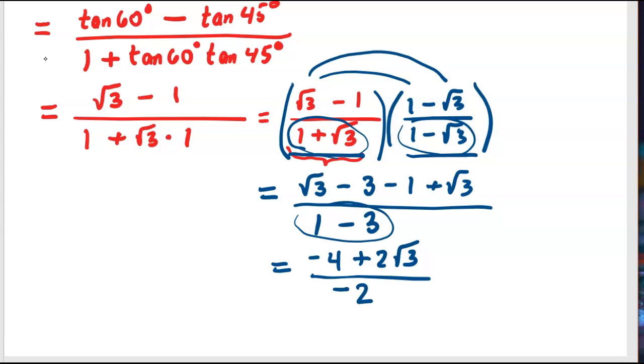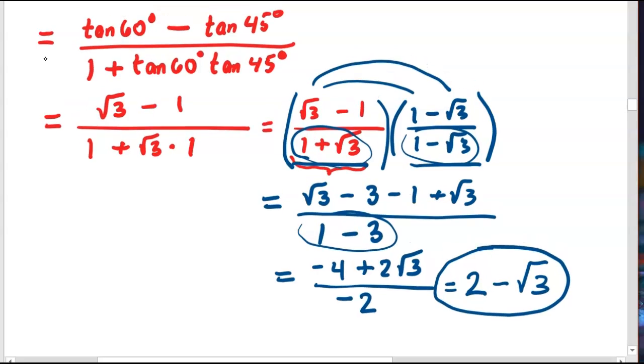Now, there are a lot of times where these terms are not all divisible by the same value, and so you might be done. If this were 5 root 3, you would just circle that fraction. But in this case, both components of this fraction can be simplified. Negative 4 divided by negative 2 is 2. 2 root 3 divided by negative 2 is negative root 3. Final answer.